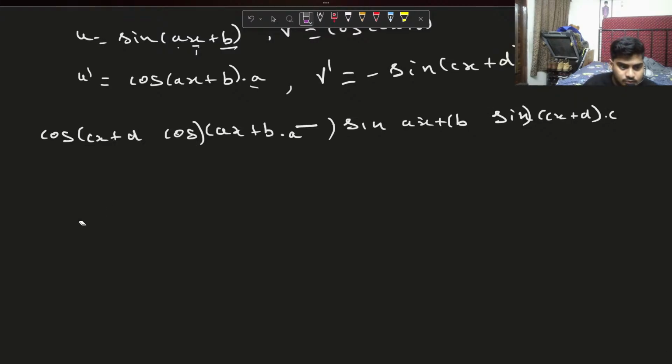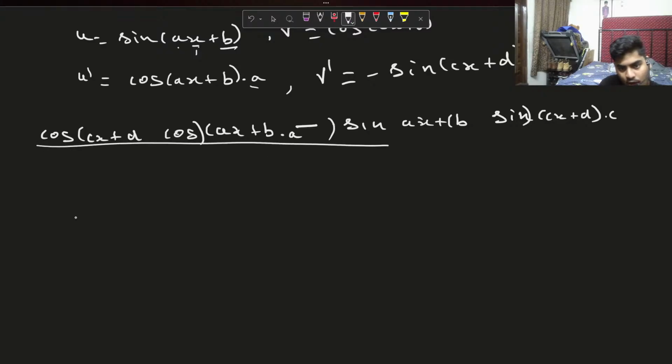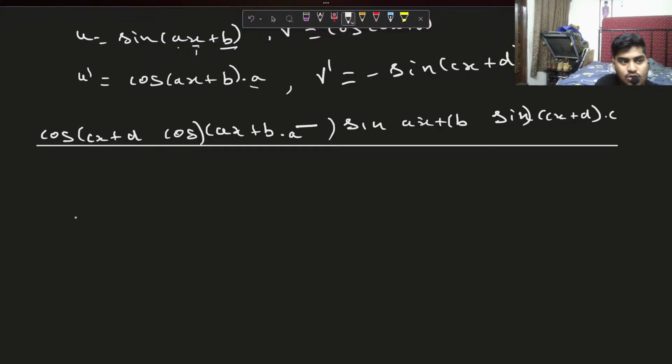I forgot something, look here: by v square means cos square of cx plus d.